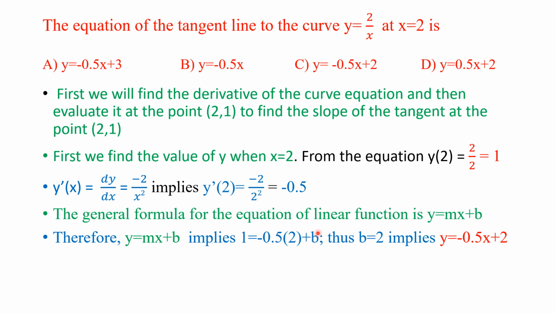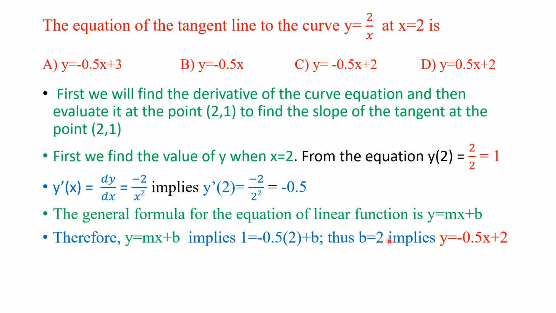We can figure out b to be equal to 2, because 2 times 0.5 is equal to 1, and this is negative 1, so we take the 1 to the left side, and we have b equal to 2.